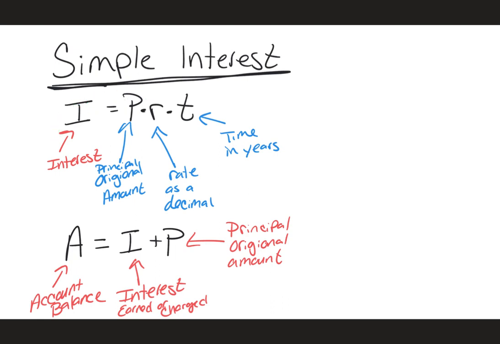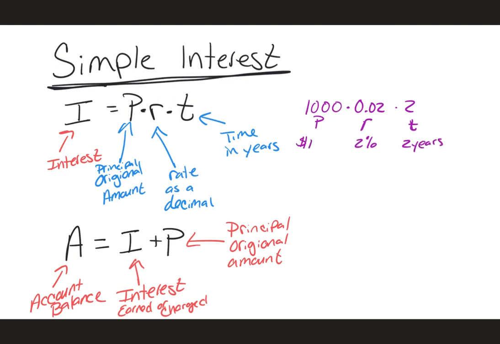So in that example, I have $1,000 as my principal times 0.02 as my rate, that is 2%, times 2, which would be the time.